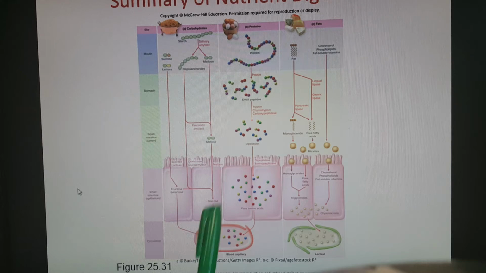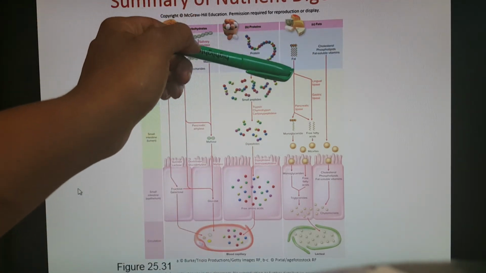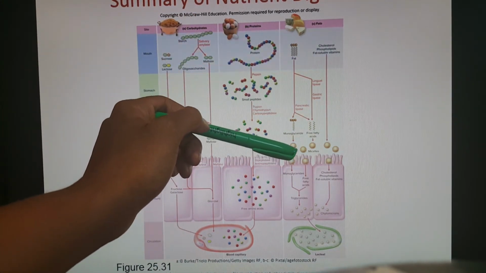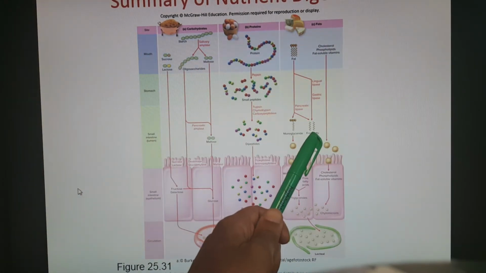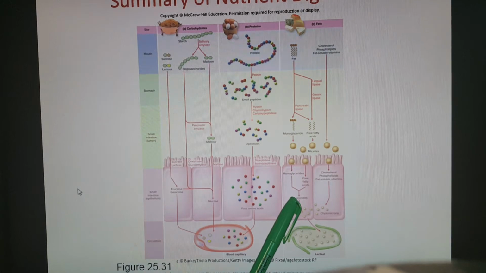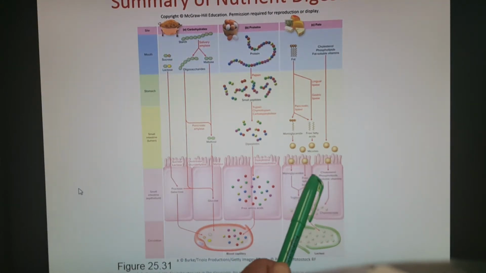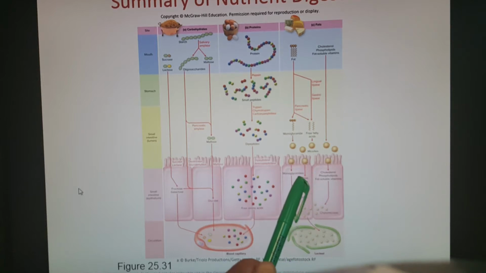Then your lipids going through their breakdown process, absorbed using micelles, which have the parts of your triglyceride that have been broken down, which get resynthesized, or remade, into triglycerides in your small intestines, packaged into those chylomicrons, which are taken up by the lacteals in your lymphatic system, and then your lymphatic system will eventually take it into your bloodstream.